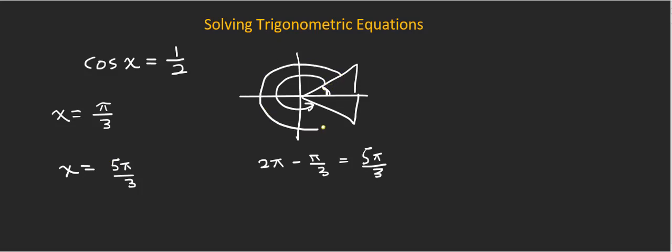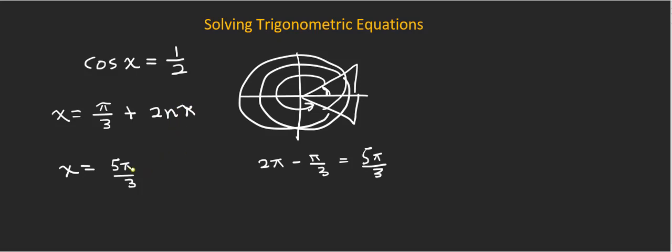around 360, 2 pi, and you could keep going like that. Also from here, you could rotate 2 pi, and 2 pi, and 2 pi, and so forth. And you could go the other way too. So you could go clockwise or counterclockwise from pi over 3, and you keep rotating 2 pi, so it will be 2n pi.